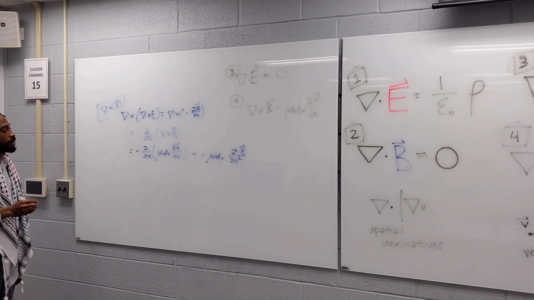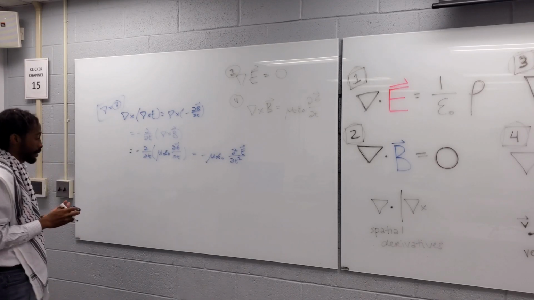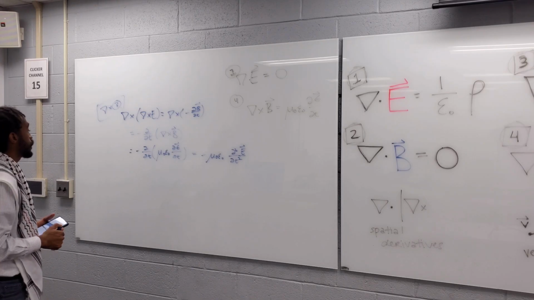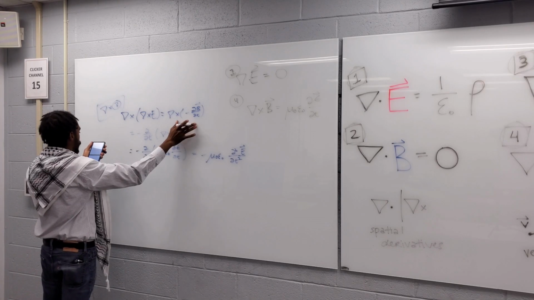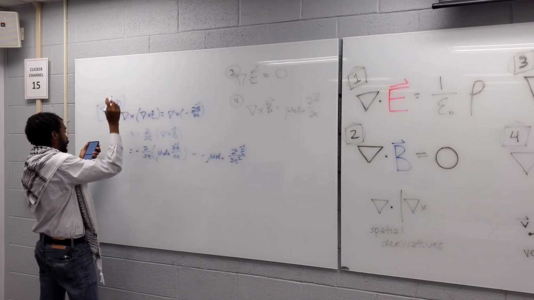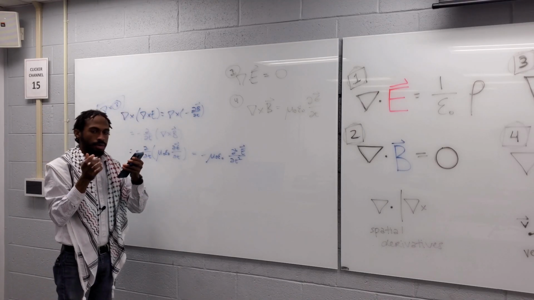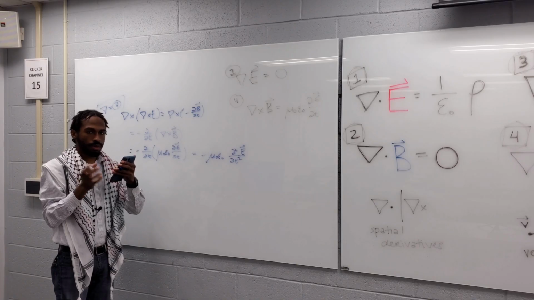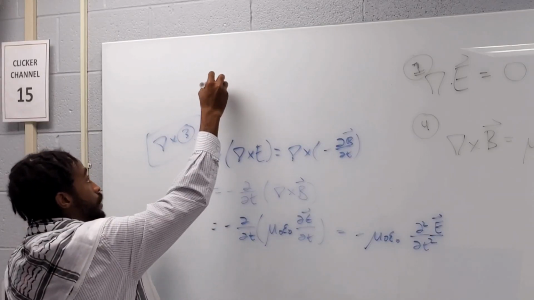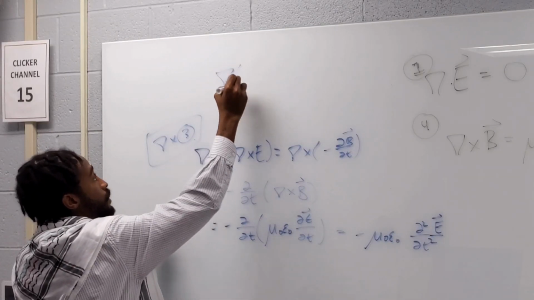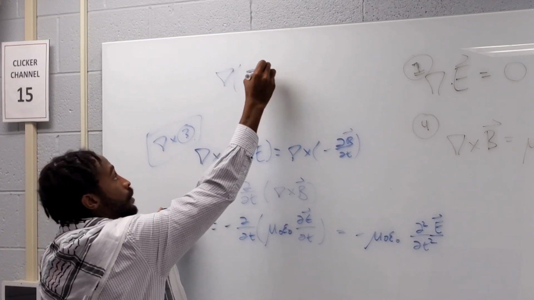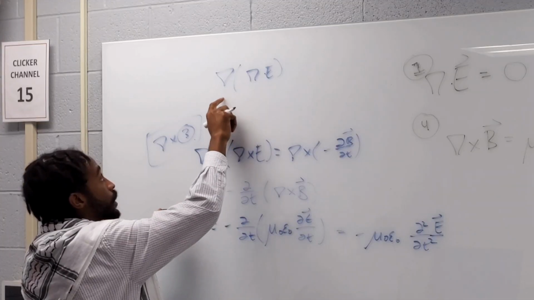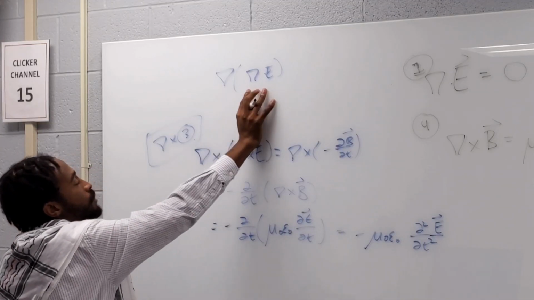What am I doing? This is more complicated than I thought it was. You also need this identity, right? My book is telling me that the curl of the curl is the derivative times, what is this called when you apply it to a scalar?